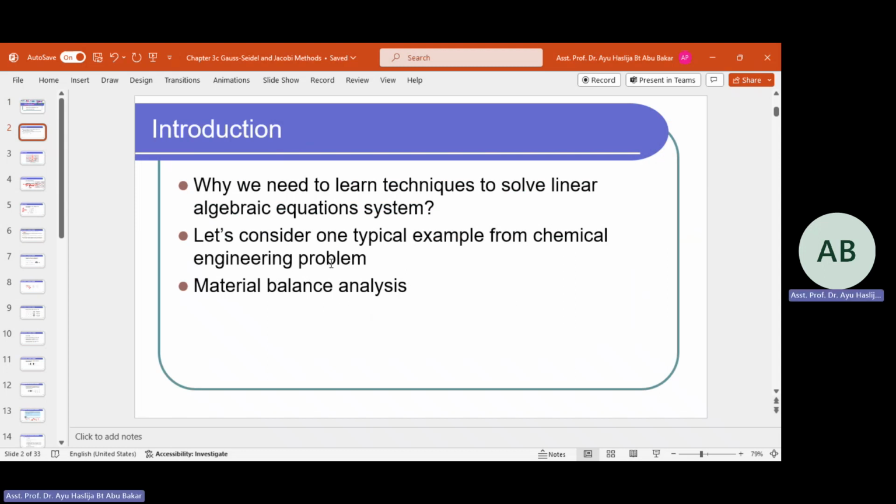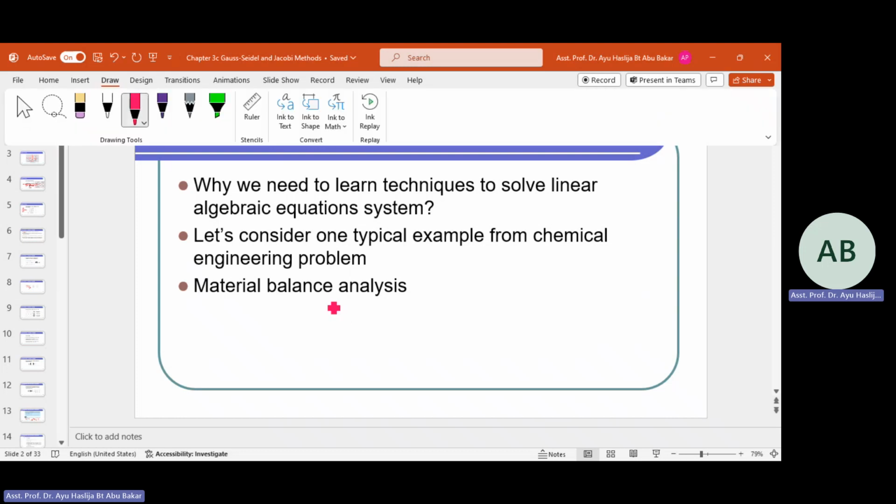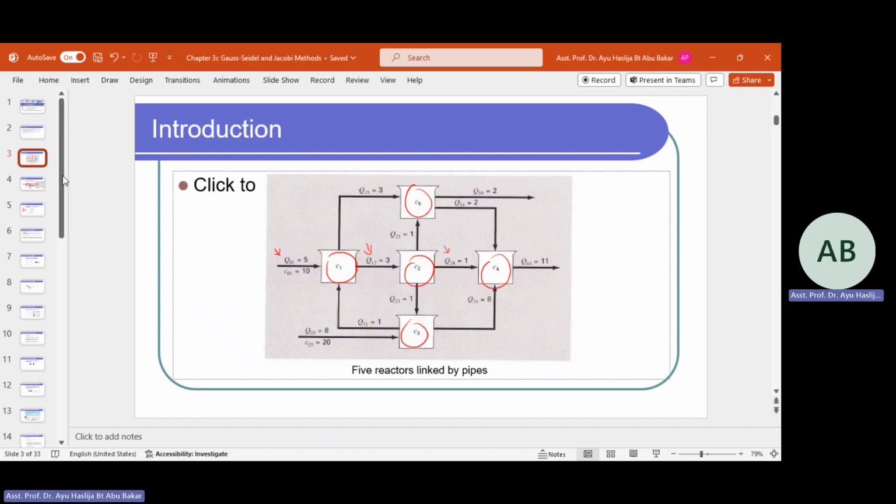Now let's consider one example from a chemical engineering problem. This one we had discussed earlier on the material balance analysis, where we have a process with a few unknowns.